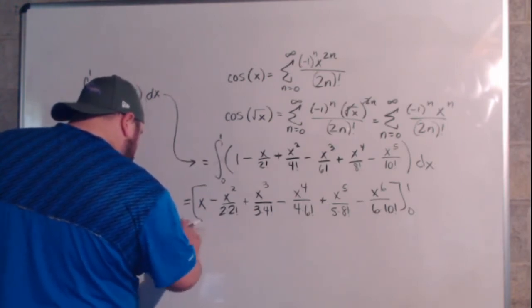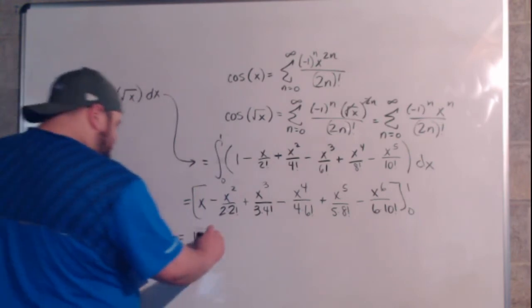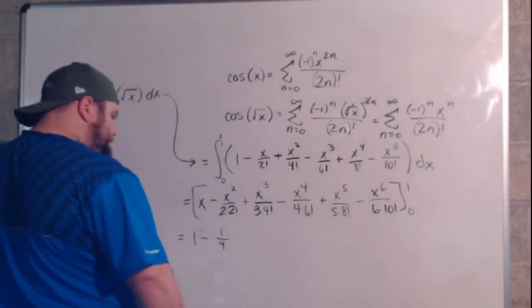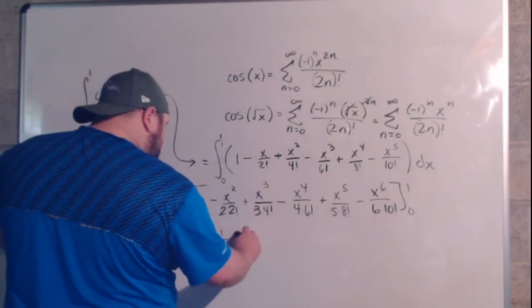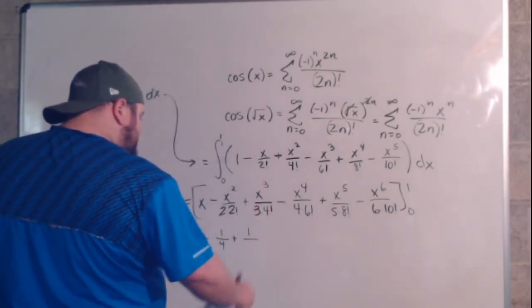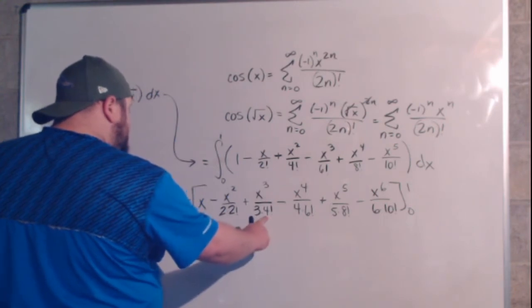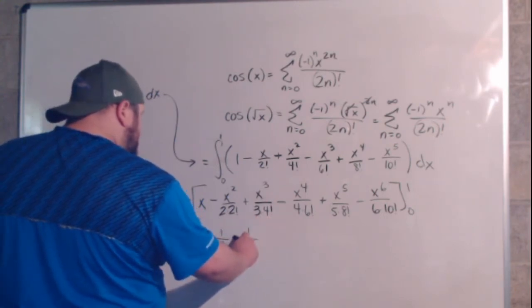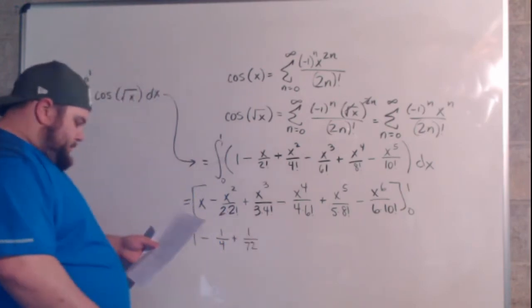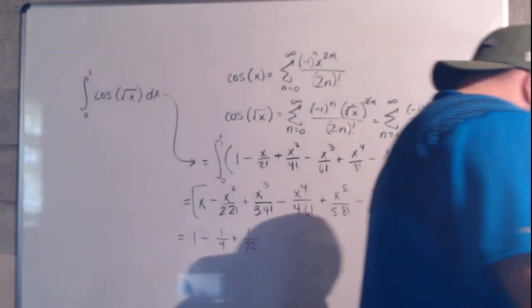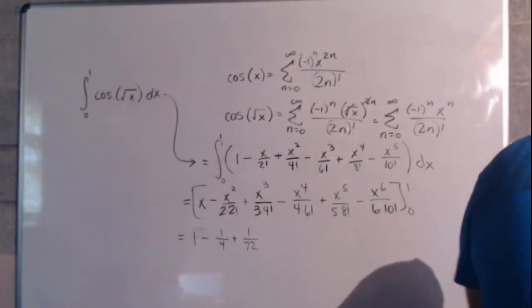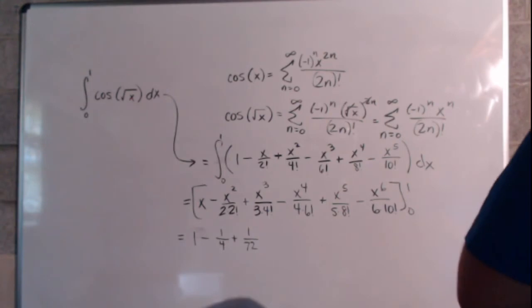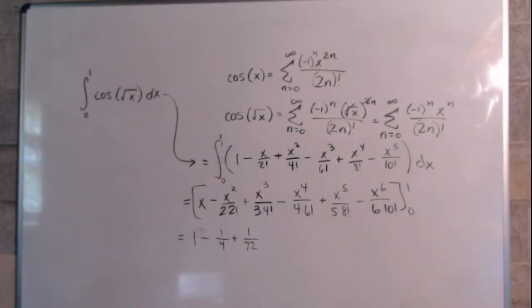So doing that, we have 1 minus 1 over 4. This is going to be 1 over 72, I think. Let me check myself. Yep. The next one is 4 times 6 factorial.